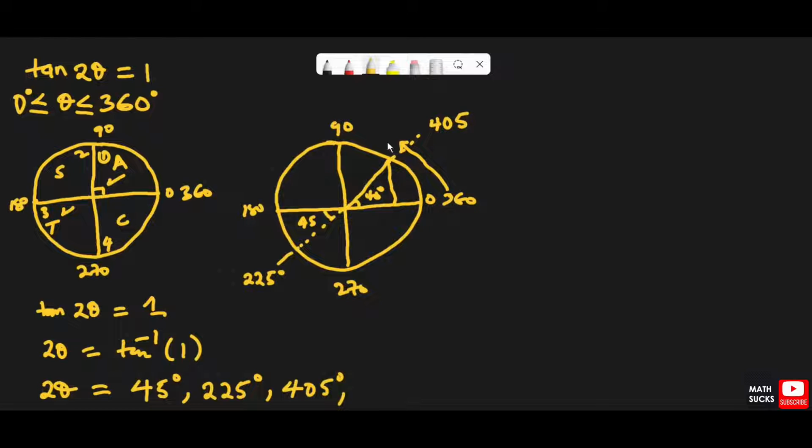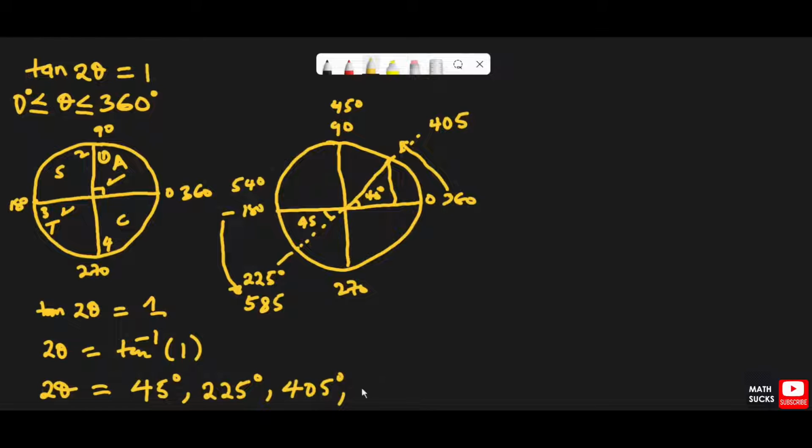If we go beyond, this is going to be 450, and then 540, and then 540 plus 45 is going to be 585.